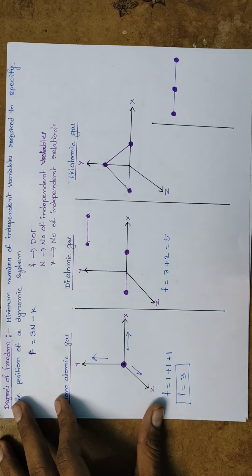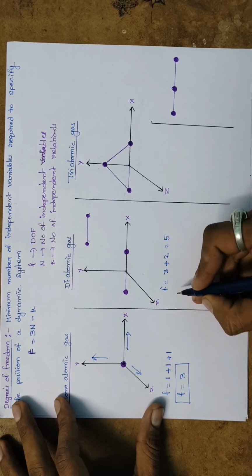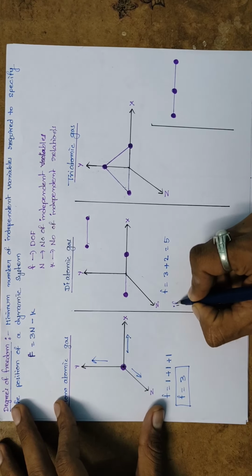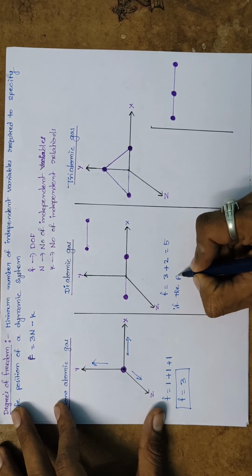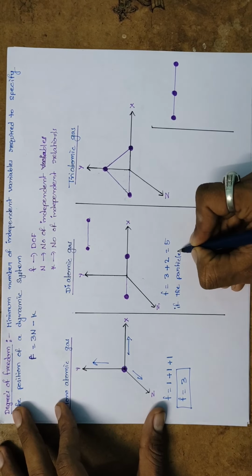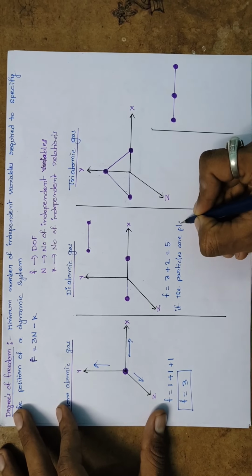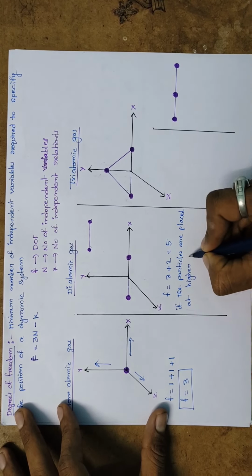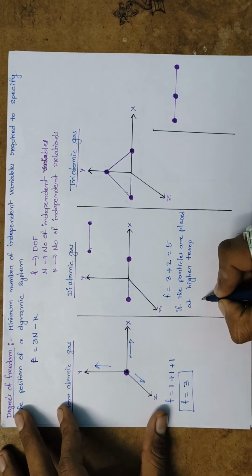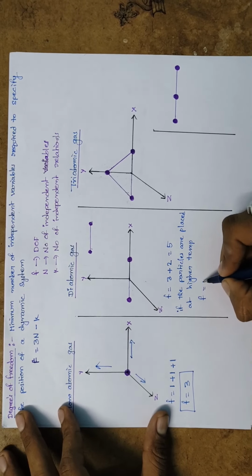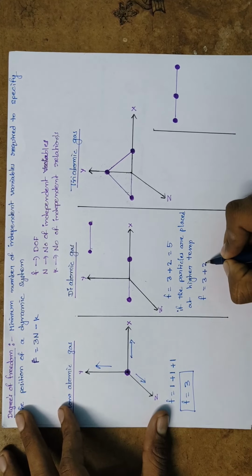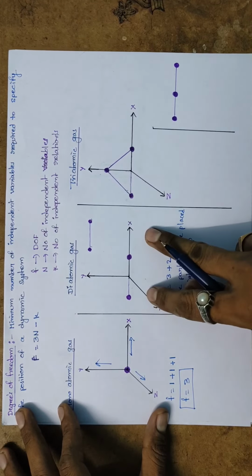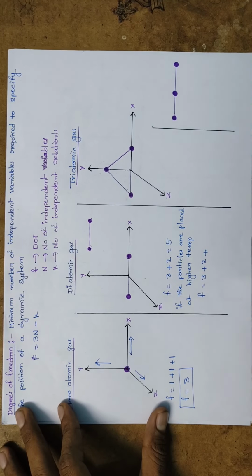Okay, suppose this diatomic molecule is placed at higher temperature. In that case the total degree of freedom is 3 translational degrees of freedom plus 2 rotational degrees of freedom, plus whenever this two particle system is placed at a higher temperature, it starts vibrating.